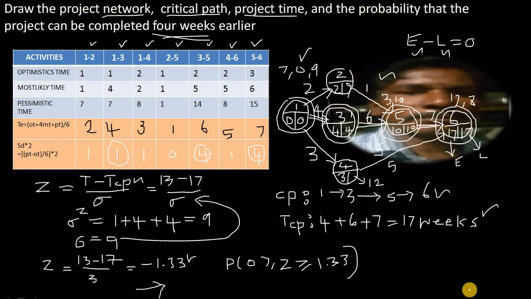Okay, we know that this is a normal curve. In this normal curve, the point 0 is here and 1.33 may be here. What is that particular area we have to calculate in this normal curve?